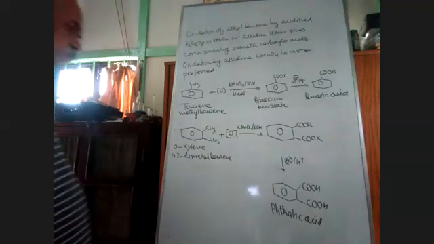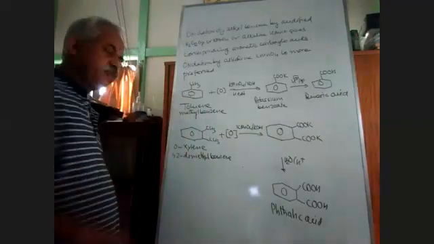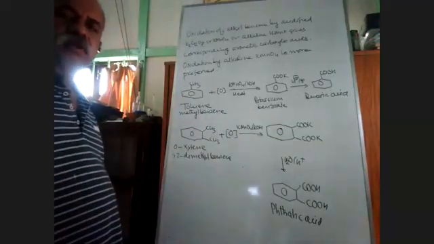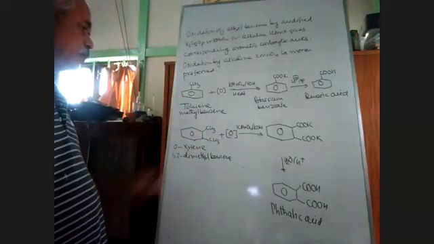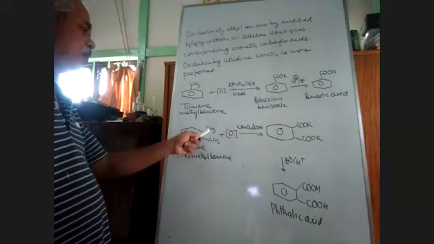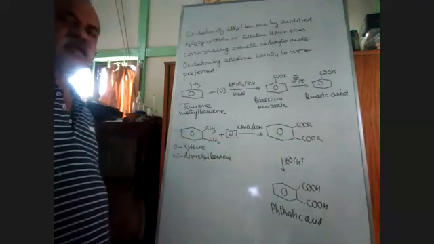Done. So all the alkyl groups which are present there will be oxidized. Suppose it is in the para position. One is here, other is here. Then you will get terephthalic acid.